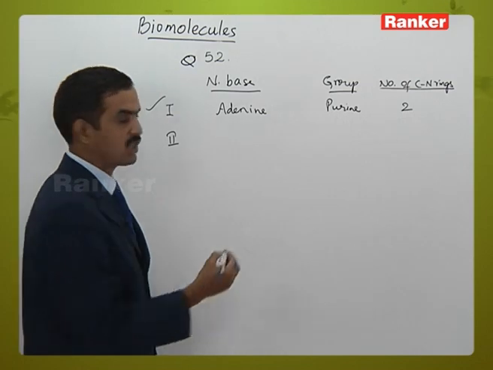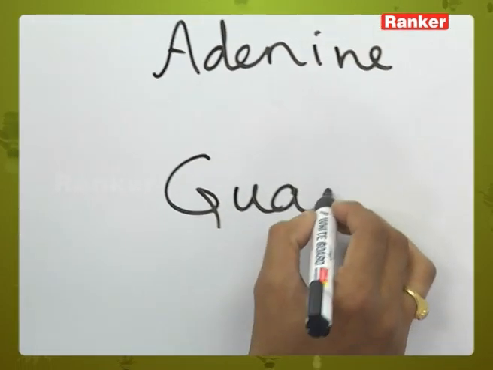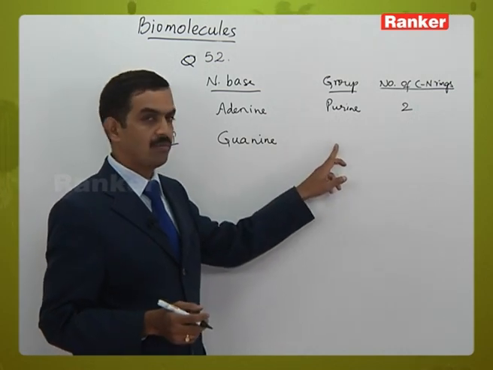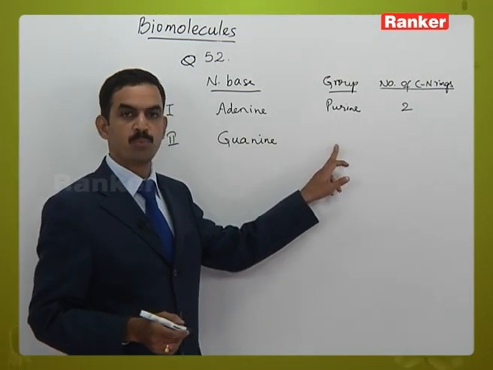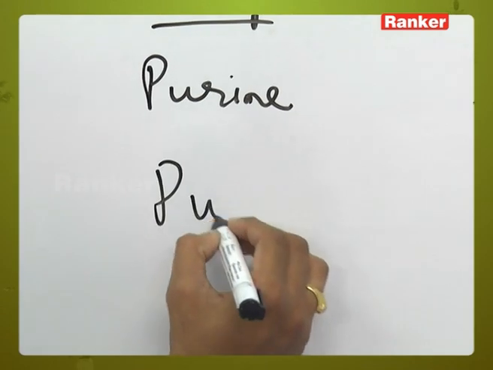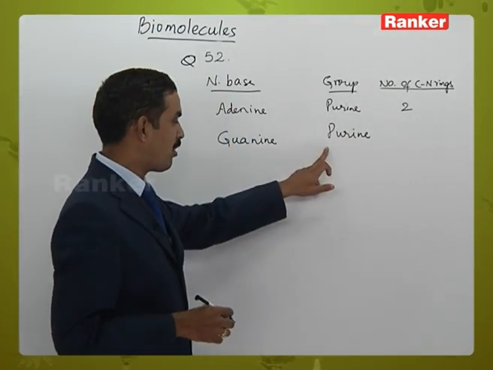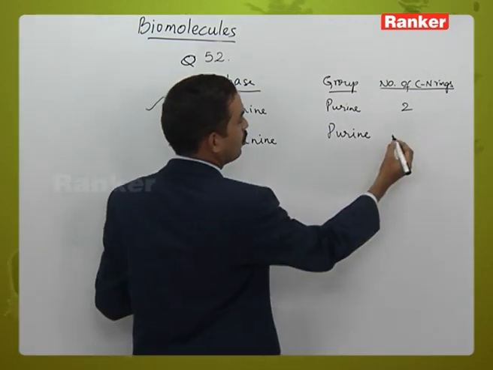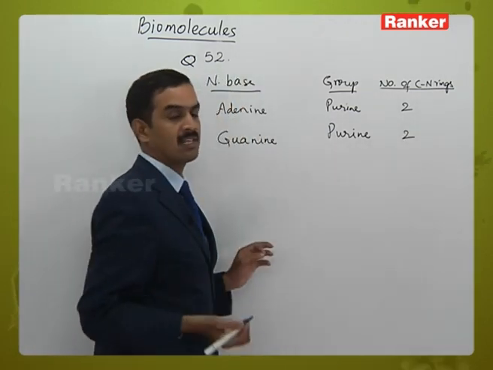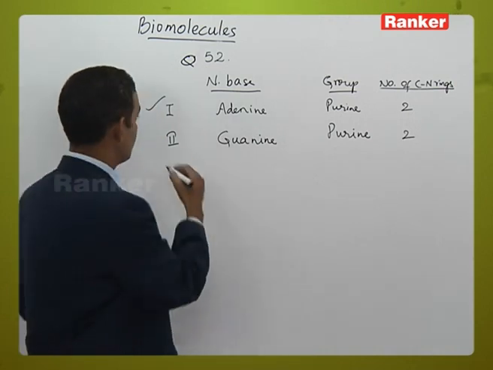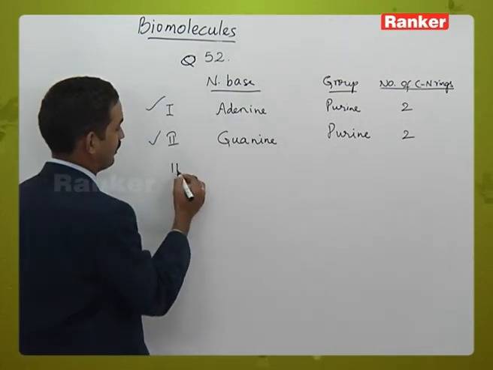The second one is guanine. Guanine is a nitrogen base which belongs to purine group. So it is also correct, that is correctly given in the options. And as it is a purine molecule, it also contains 2 carbon nitrogen rings because it is a dicyclic compound and a heterocyclic compound. So this is also correct.